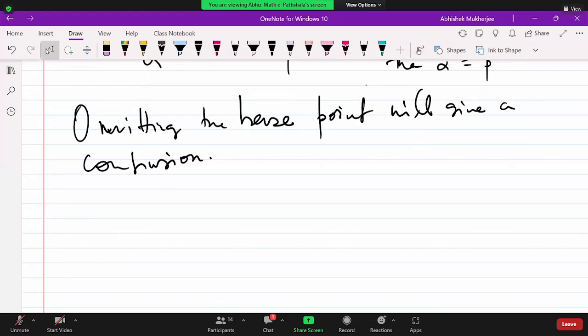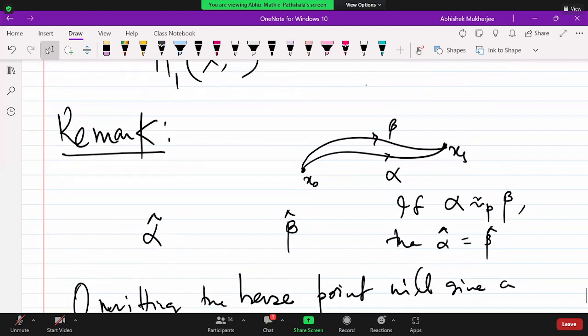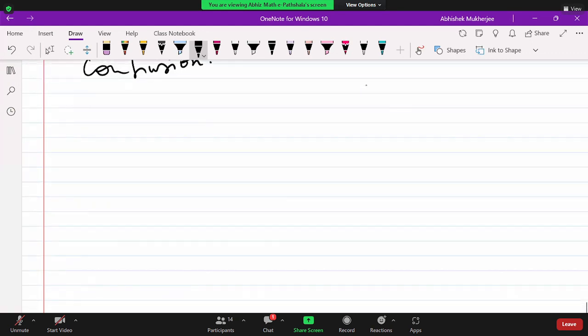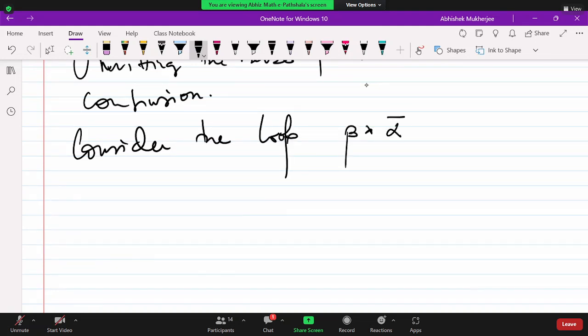So now just look at this case. Now suppose you take this alpha. Suppose you just start from x naught via beta and come to x1, and then coming back to this x naught via alpha bar. Okay, that means we consider the loop beta star alpha bar, right?